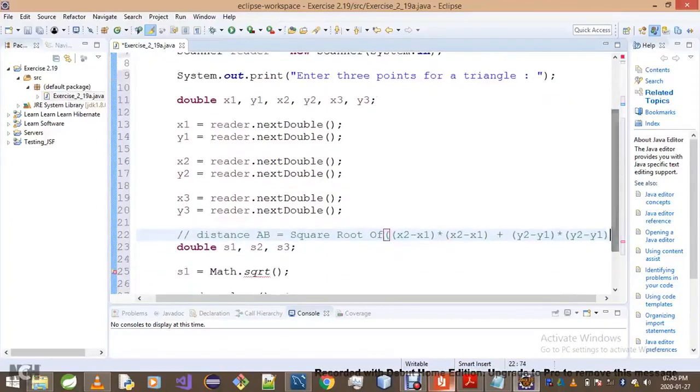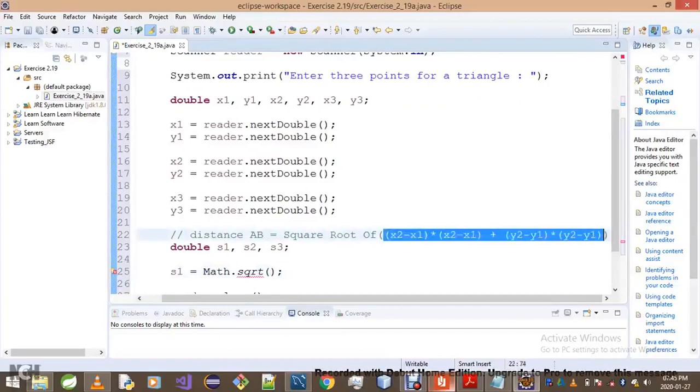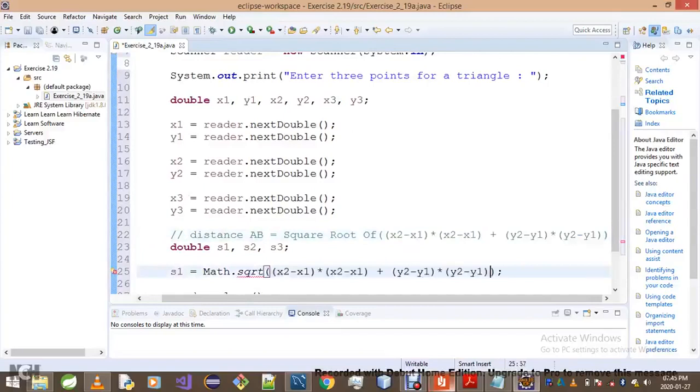Okay, in order to find S1, we simply copy and paste this whole thing. So this is what we need.